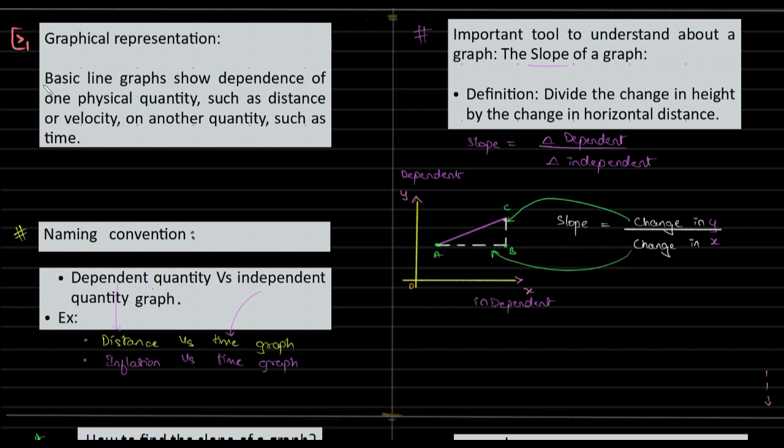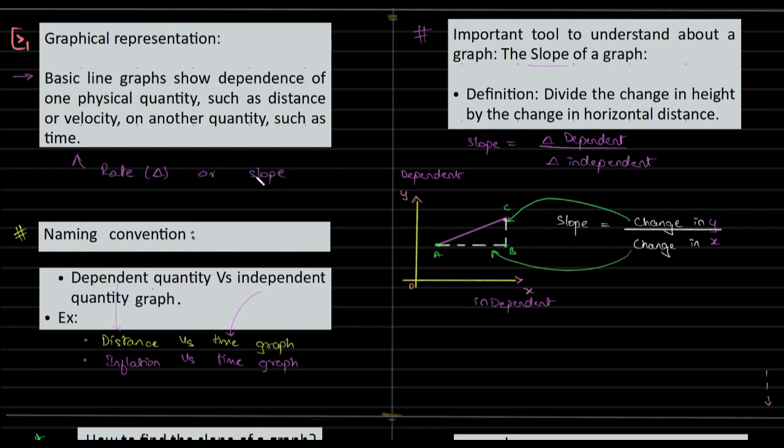So now let's look at the definition, or a way of putting graphical representation across. A basic line graph shows the dependency of one physical quantity, such as distance or velocity, on another quantity such as time. So this is nothing but your definition of rate of change or slope.